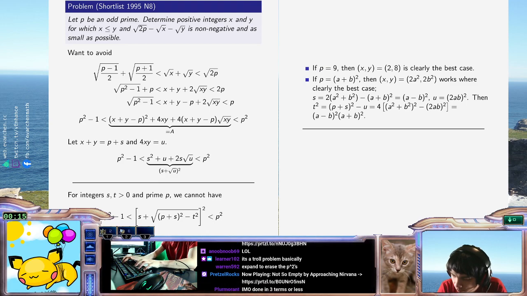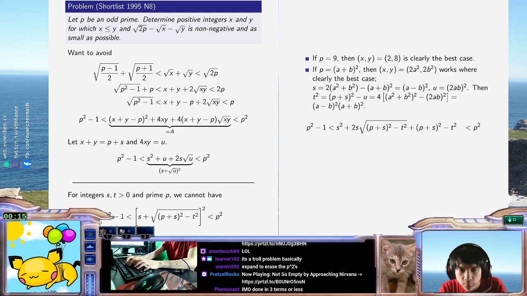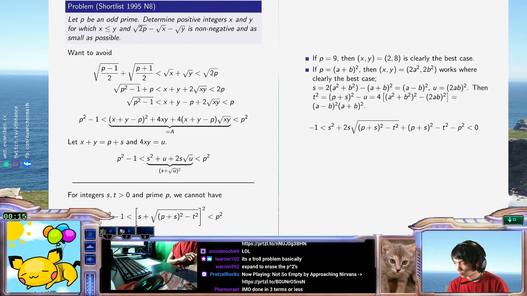But even when I expand this, it's not like the p goes away, right? Like, what do I do with this, right?